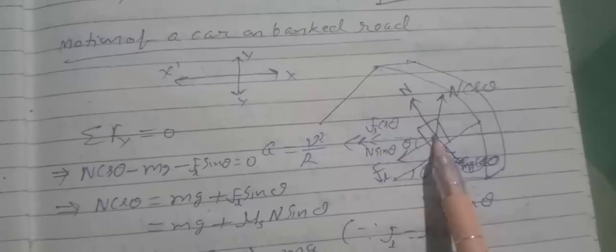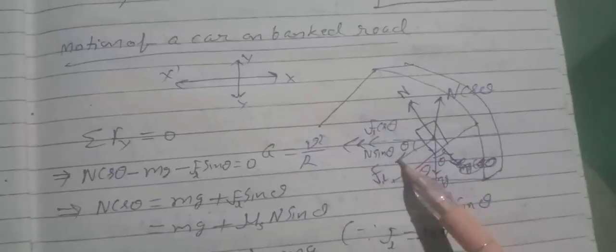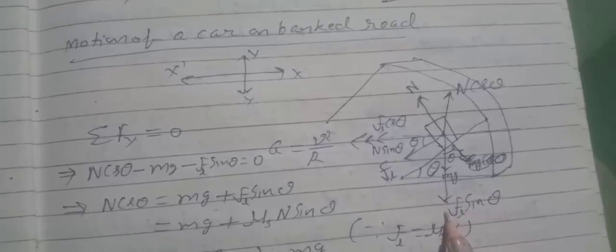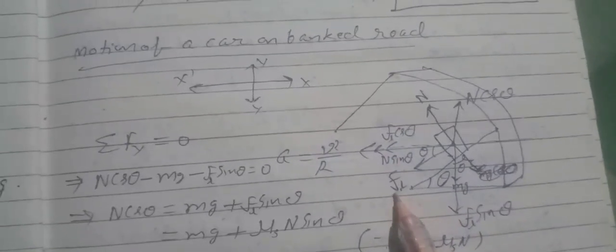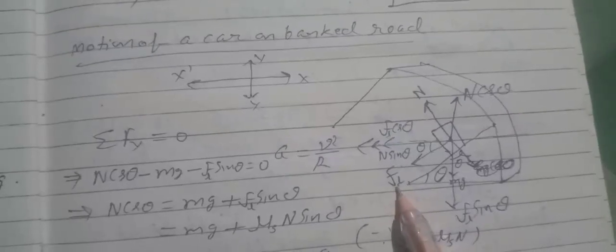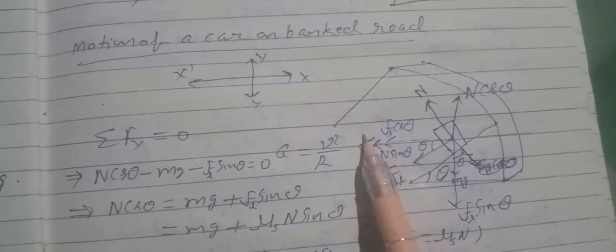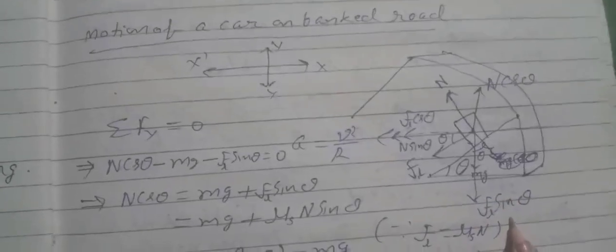Also, the frictional force is acting in this direction. So the frictional force also has two components, one in this direction and another in this direction. If there is a limiting friction force or a kinetic friction force, we can write F_L in this direction as F_L cos theta, and in this direction F_L sin theta.